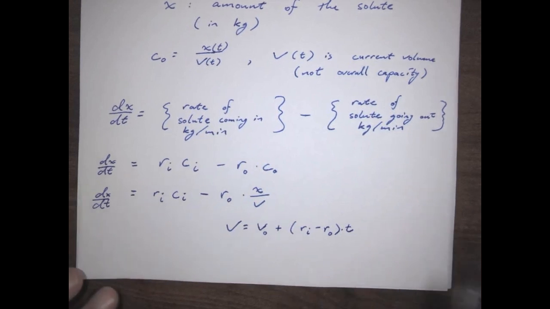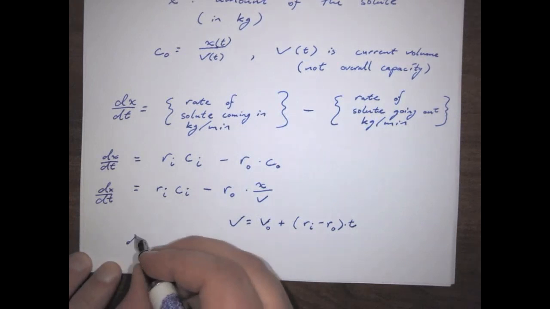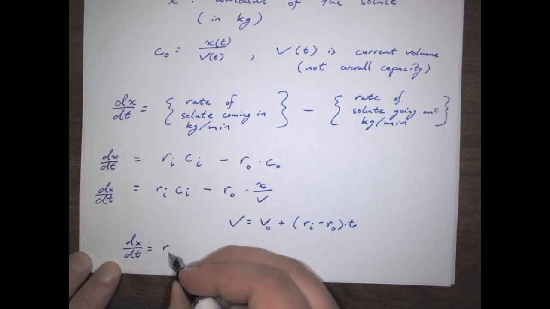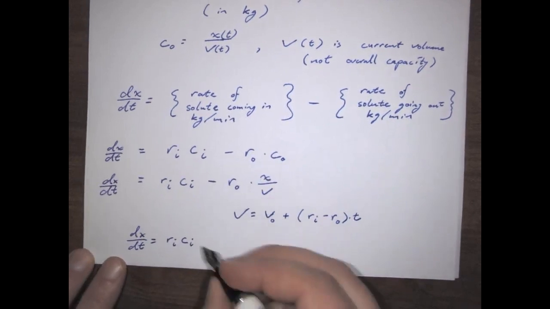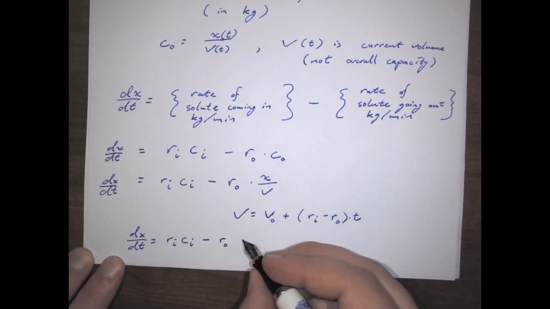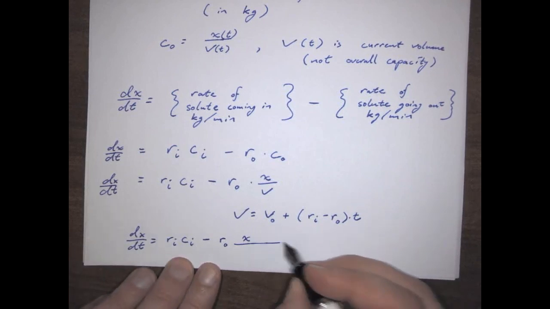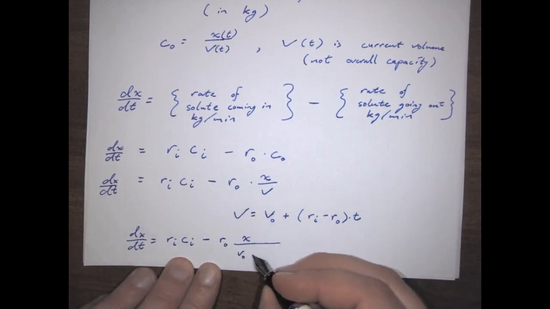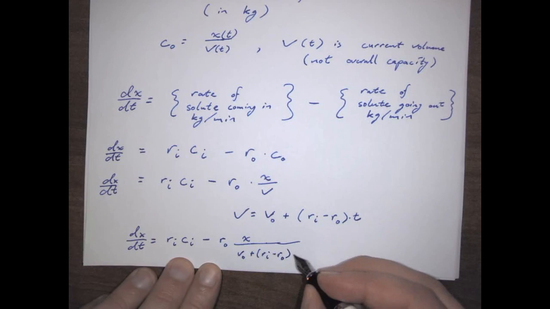Okay, so that gives us finally dx dt is equal to Ri Ci, in this case both of these are constants, minus R out, also a constant in this case, times x, which is not a constant, divided by the volume, which is going to be V naught plus Ri minus R out times T.